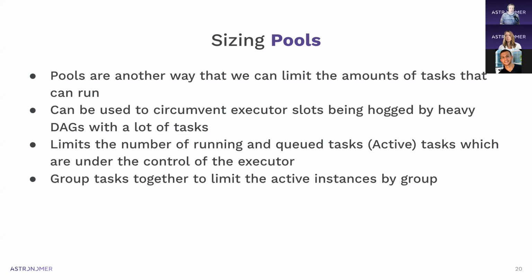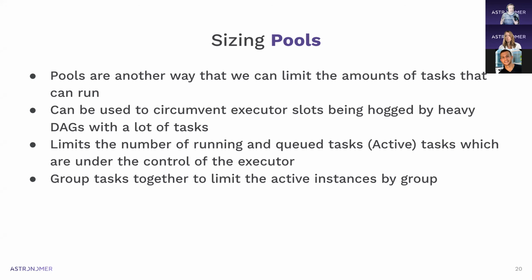This is another tool to circumvent the executor slots being hogged by heavy DAGs with a lot of tasks. Like I talked about with the early start date, we have tasks that can really clog up and bottleneck our system, and we can put those into their own pool and limit with the pool the amount of active tasks at the same time.